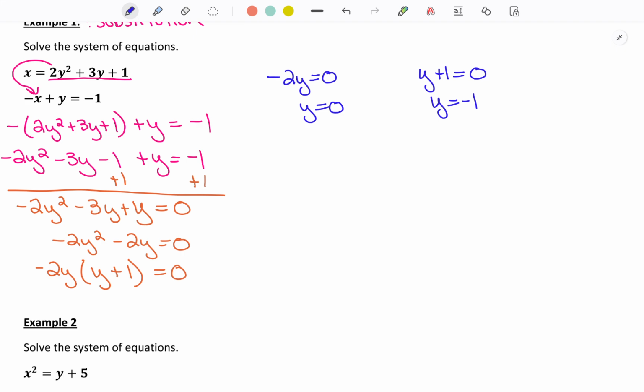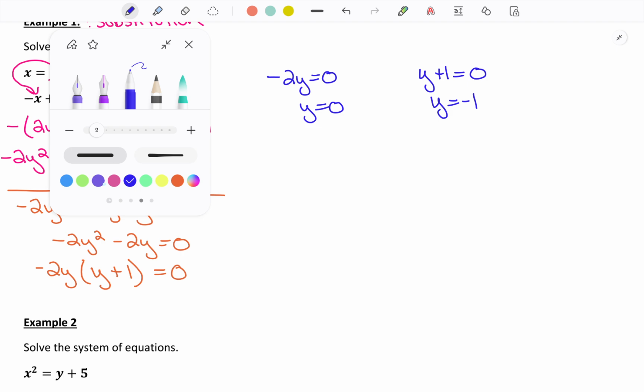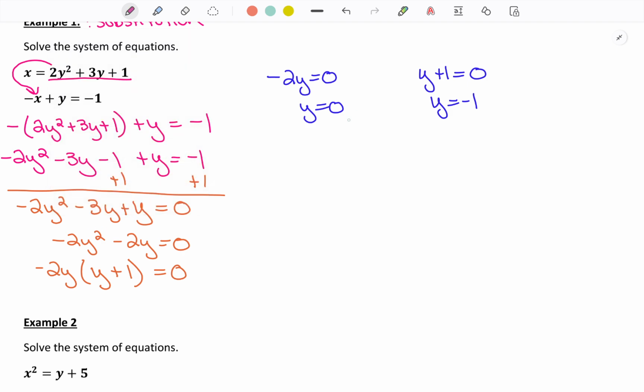So then for each of these, we're going to have to plug it back into one of the equations to find x. So we are going to plug this in to the bottom equation. So we'll have negative x plus 0 equals negative 1. So negative x will equal negative 1. And so divide by a negative 1, and x will equal 1.